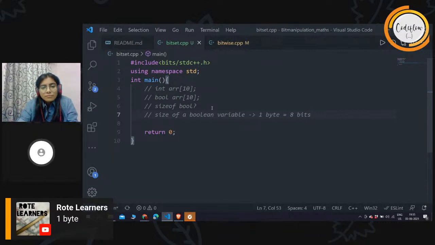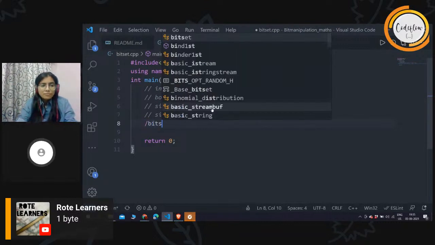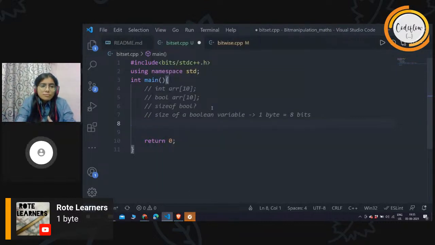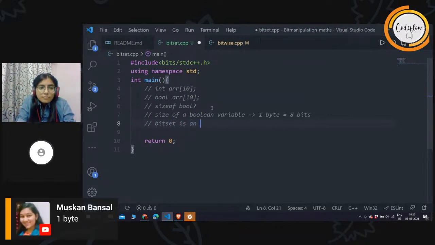So the property of bitset is that bitset is similar to a Boolean array. Simply consider bitset as an array of bools.